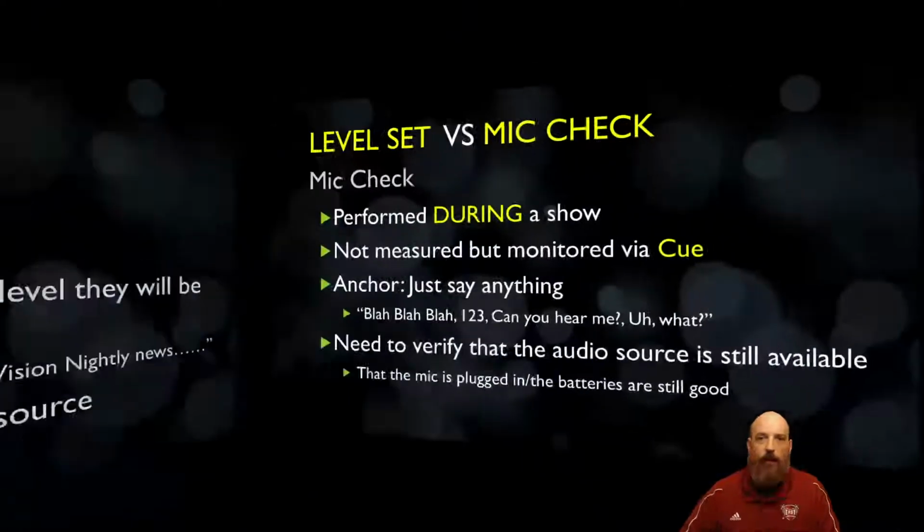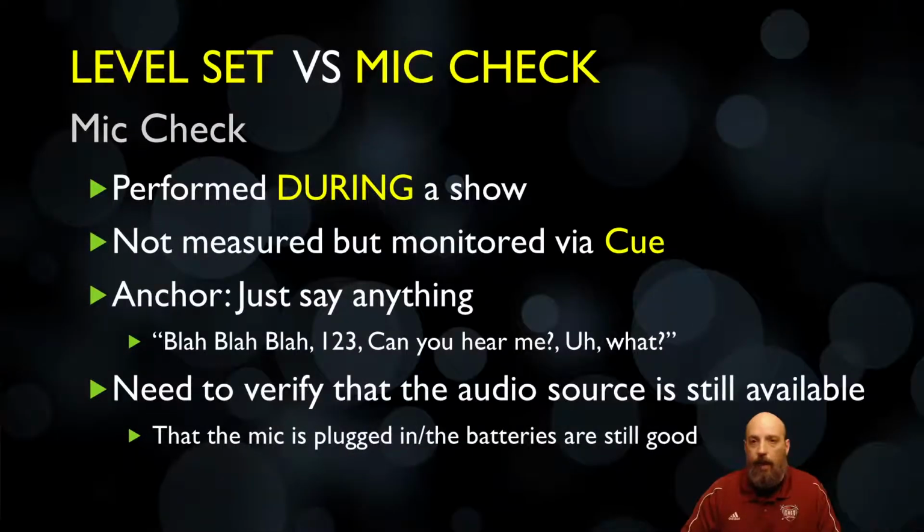Now, the other type of thing we're going to do during a show is called a mic check. Like I talked about earlier, the weather anchor is on a wireless microphone that has batteries. And if the batteries die before we come to the weather segment, then we could be in trouble. So we'll do a mic check during a show, but instead of going on program, we're now going to use an audition and hit the cue button.